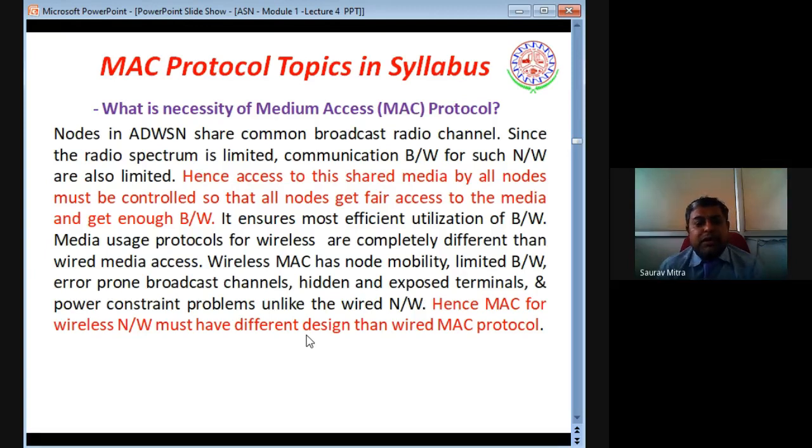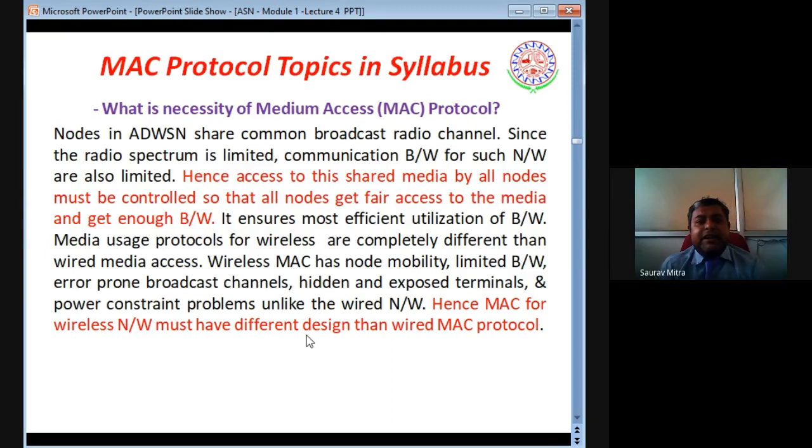What is medium access, MAC protocol, and what is the necessity of MAC protocol? I've already explained it to you. MAC protocol is needed whenever nodes in an ad hoc wireless network share a common radio channel. I told you that in one home or one area, if there are 100 or 200 sensor nodes, all the sensor nodes would try to access data from the air.